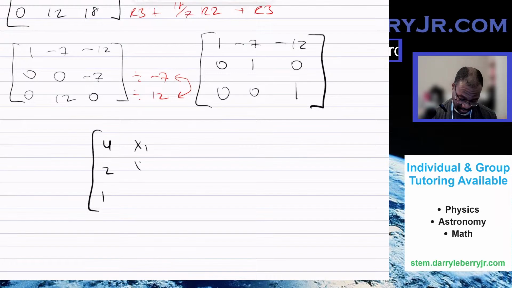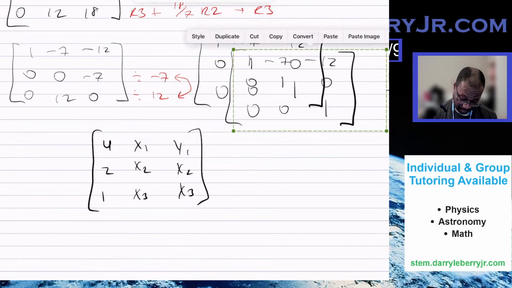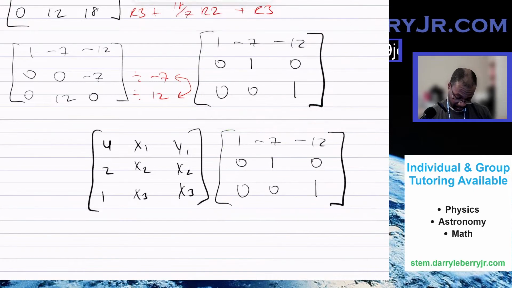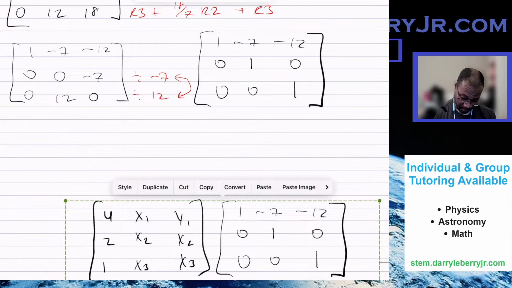Then I'll say x1, x2, x3, y1, y2, y3 times this. Maybe I'll make it a bit easier and make this a row vector, I mean a pivot, as well.